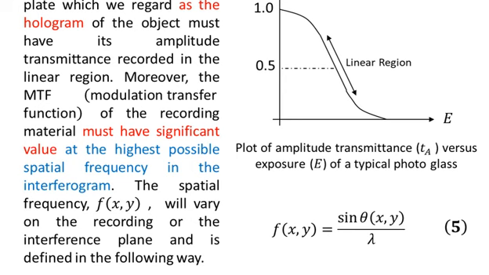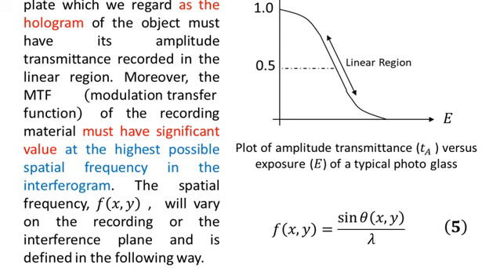So this frequency must be such that the photographic plate can record this value f. Because if the spatial frequency is very high, it might be possible that an ordinary film would not be able to record such a very high frequency.